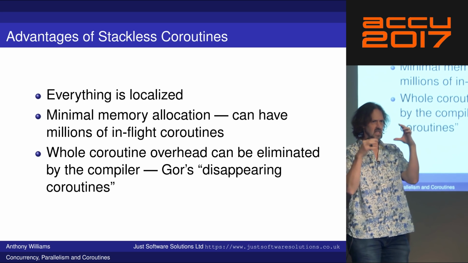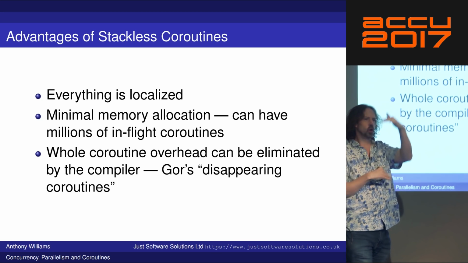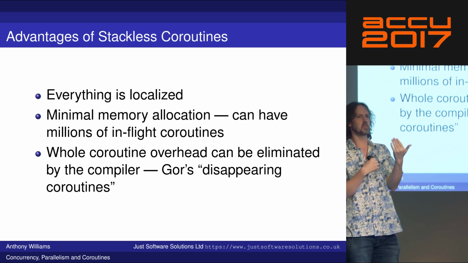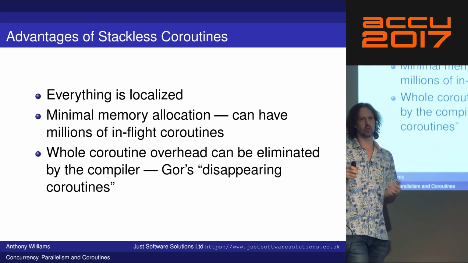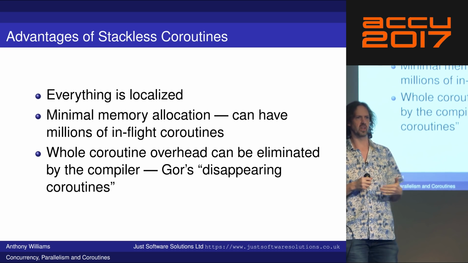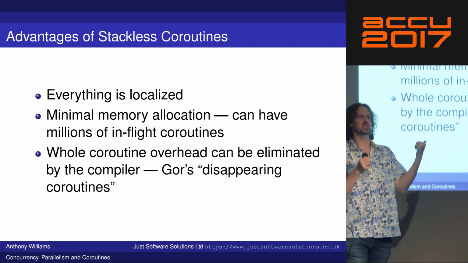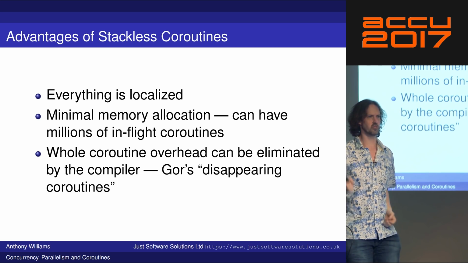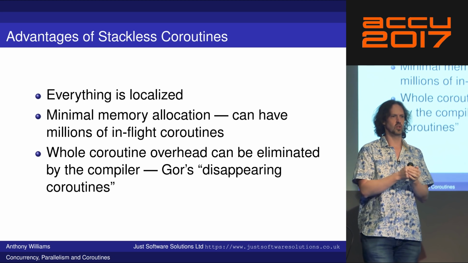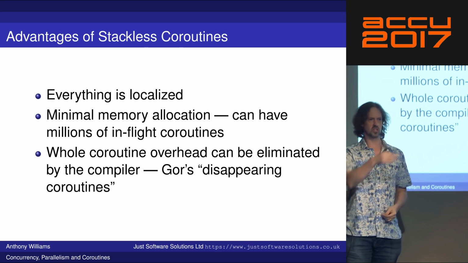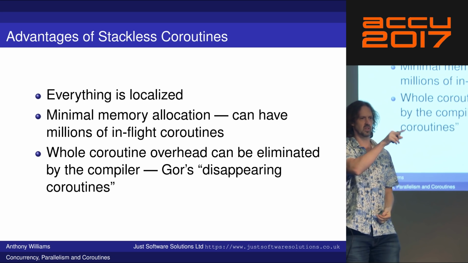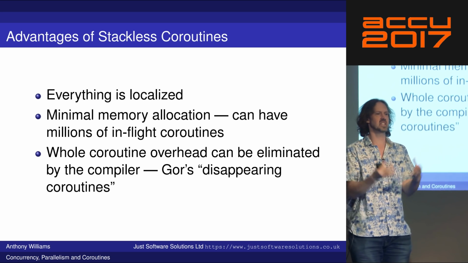And because it's localized, the whole coroutine is just there, and all the things that are going to be saved are right there. And so, Gor Nishanov, who works at Microsoft and has worked on both that and the Clang implementation, has a presentation where he calls it the magic disappearing coroutines, because you write your code in the coroutines and then you compile it, and the output you can't tell, because it just looks like a simple function, and all the coroutine overhead has disappeared.